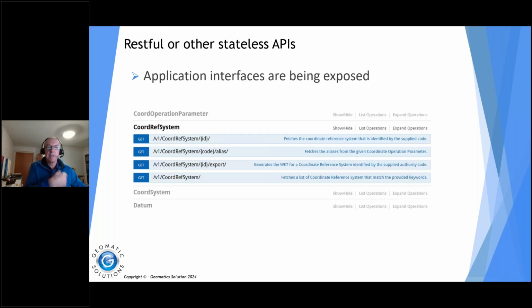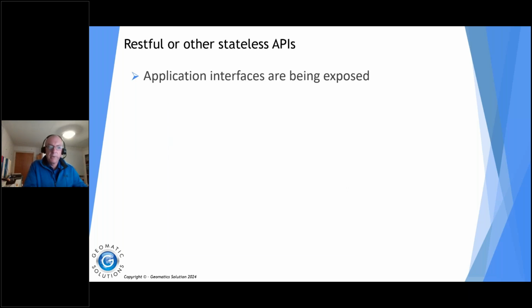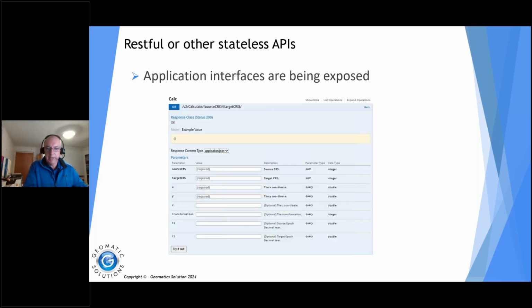So you can basically go in and start querying data without actually having to touch the user interface. We also have an API for the calculator, which allows you to do geodetic calculations immediately online without having a calculating engine in your own machine.